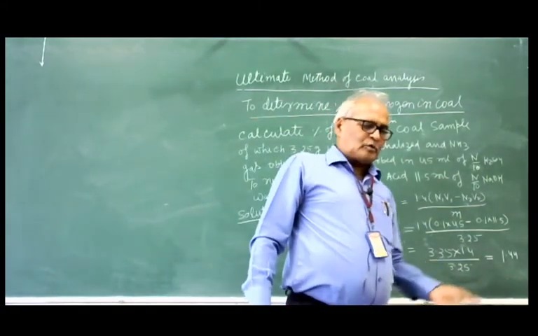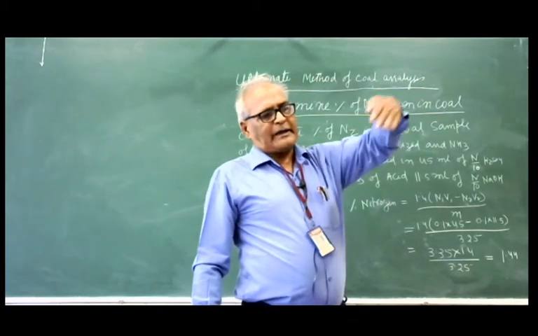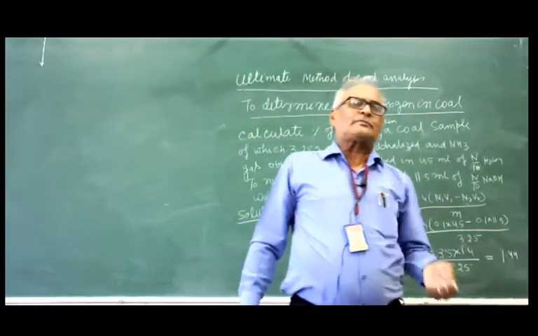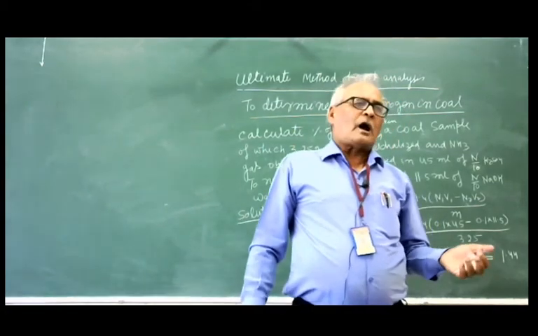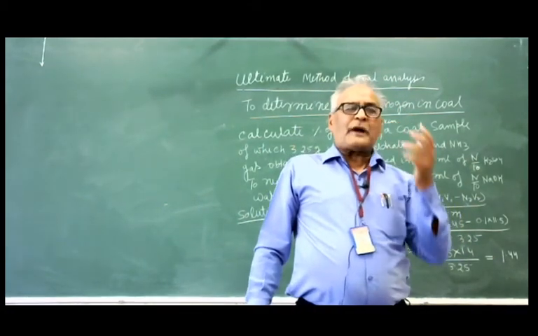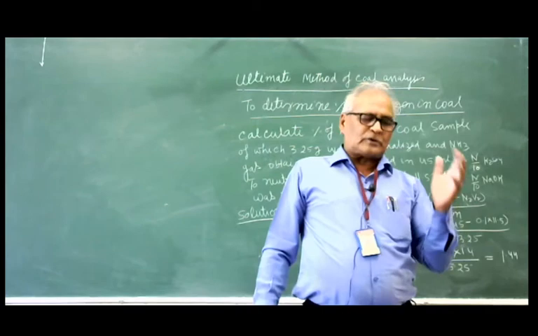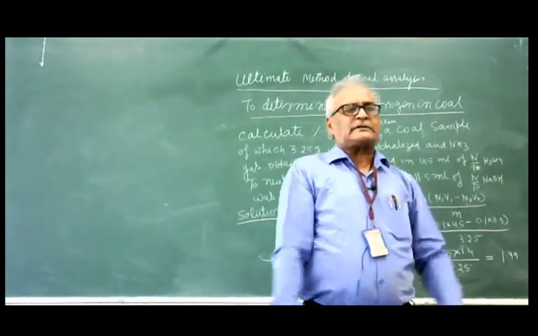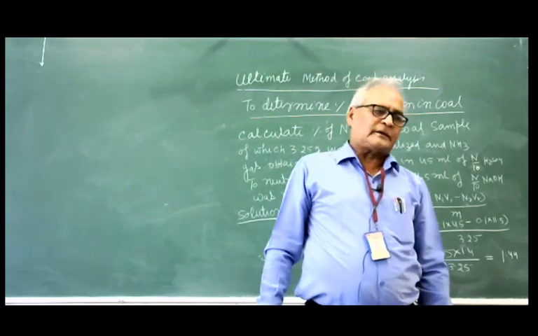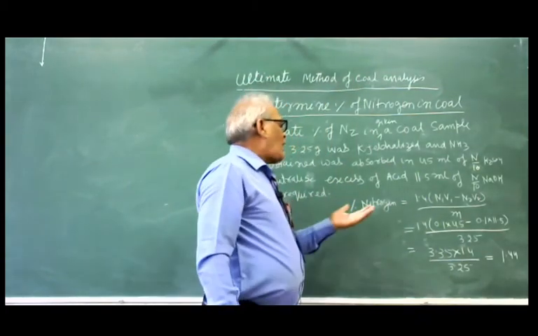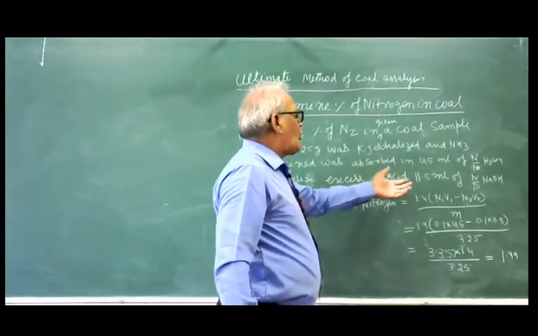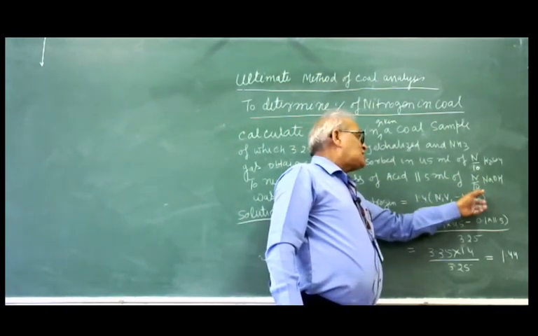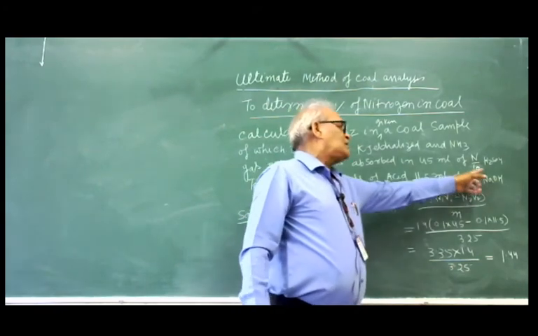As I told you, when ammonia gas is passed into a known volume of sulfuric acid of known strength, some part of the acid remains unneutralized. That unneutralized acid is titrated against NaOH. So how much volume of the NaOH is required? 11.5 ml of the N by 10 NaOH, whose strength is known.